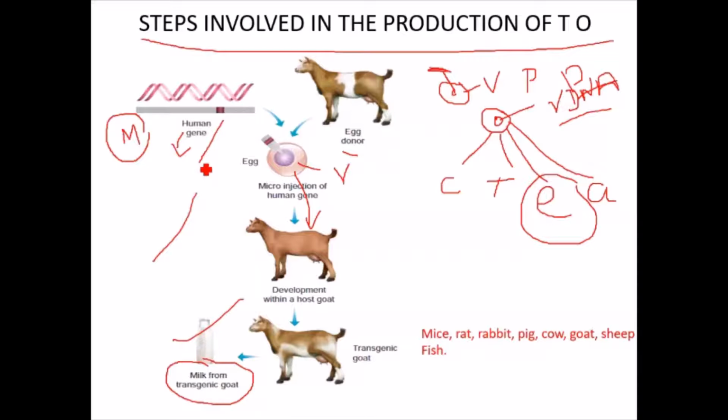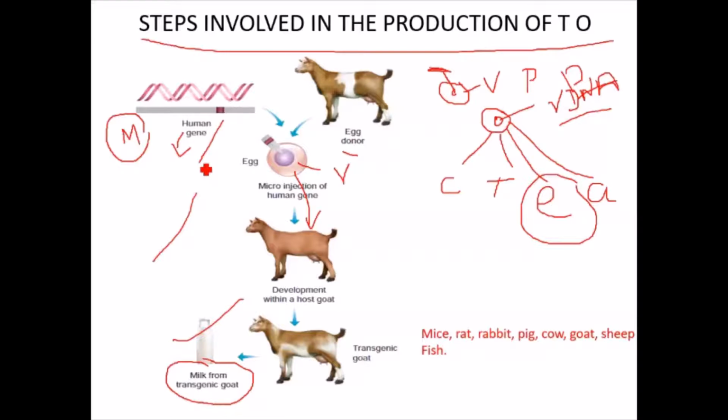Is it clear? These are the steps. What is the first step? Isolation of the gene. Second, vector isolation. Third, combination. Fourth, injection into the organism. Either it could be injected directly or indirectly, using a vector to inject the desirable gene. A particle gun is also available.